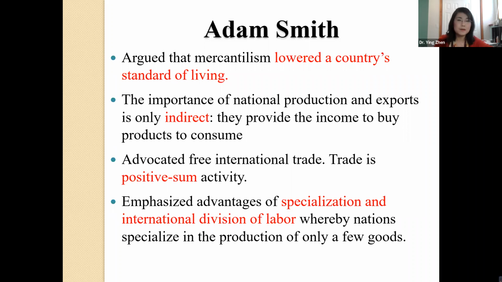You may think about it: if you make $1 million a year, but you are super frugal and spend very little, then the standard of living is still very low. So you have to consume, and then you will gain utility and happiness from the products you have purchased.